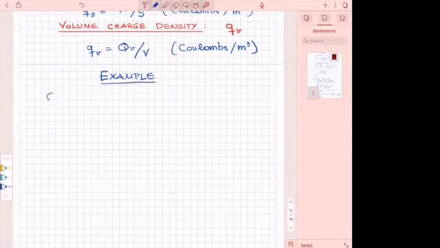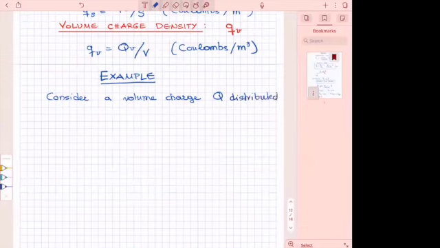Consider a volume charge Q, evenly distributed within a volume V. A sphere, let me be more specific, within a sphere of radius R equals 3 centimeters.